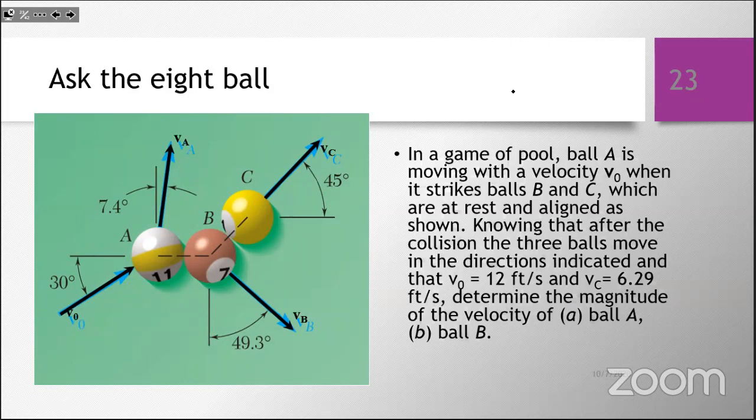Right, so all of this from this V naught, that entire momentum in the X direction has to equal, because momentum is conserved, that total amount of momentum that you have. It's not important there, but in the X direction, same thing for the Y.